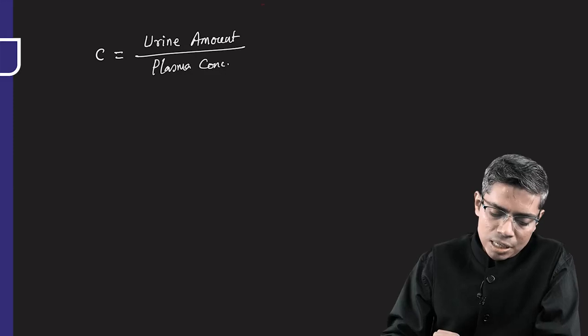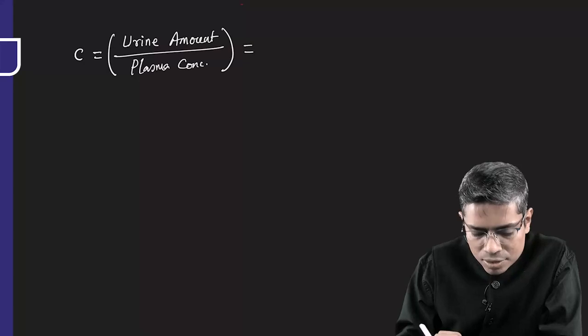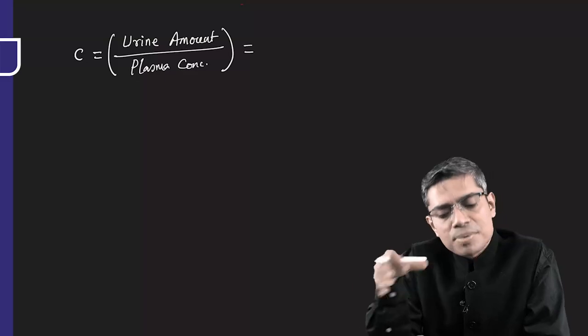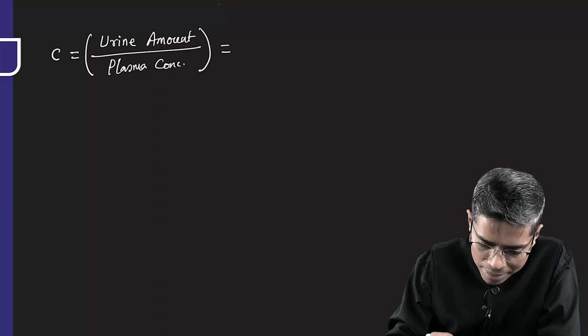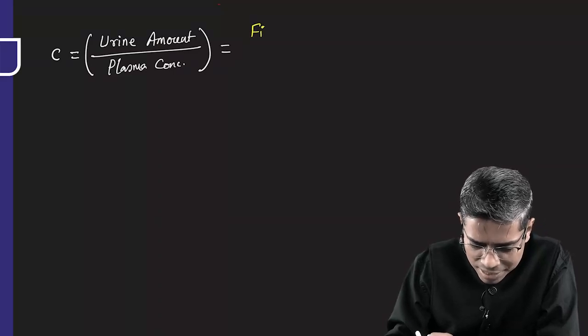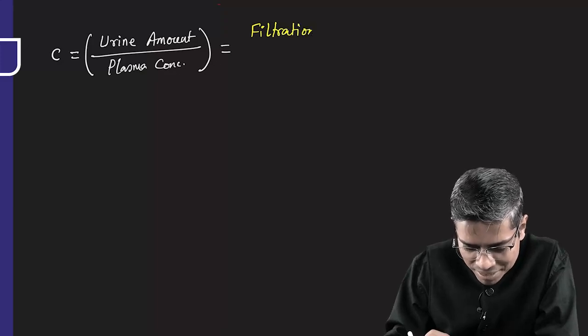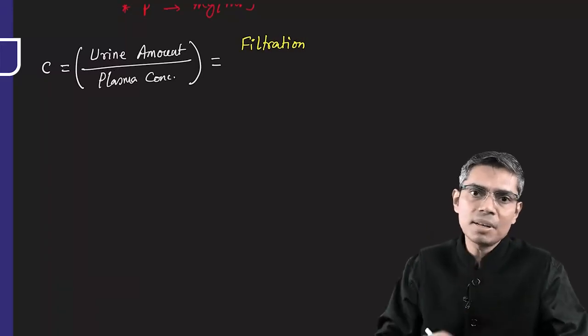plasma concentration. Now I am asking a different question to myself: what is the source of any substance in the urine? Where from is the substance reaching your urine? It should reach by the process of filtration, right? Not only filtration, there are certain substances which are also secreted at the level of the nephron.